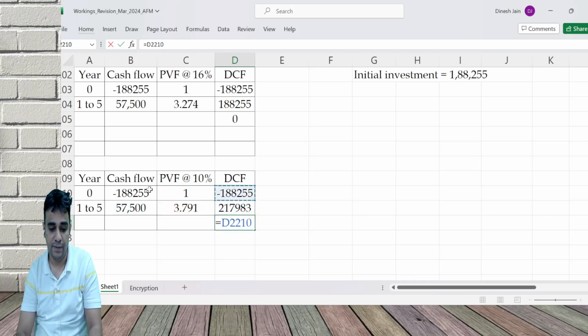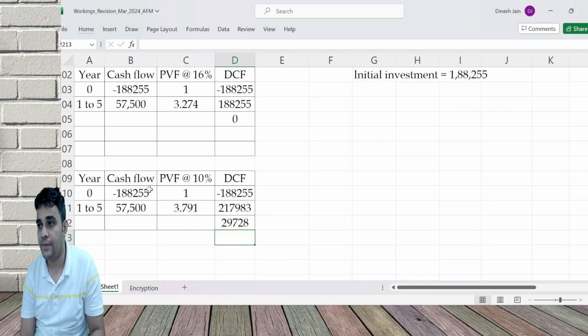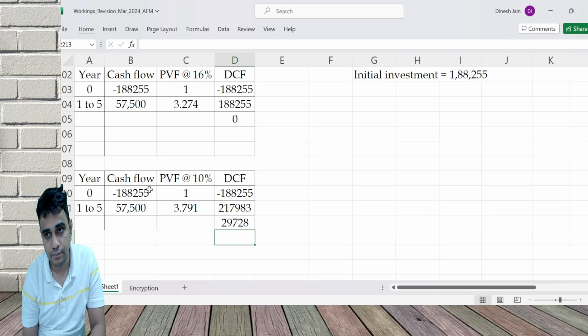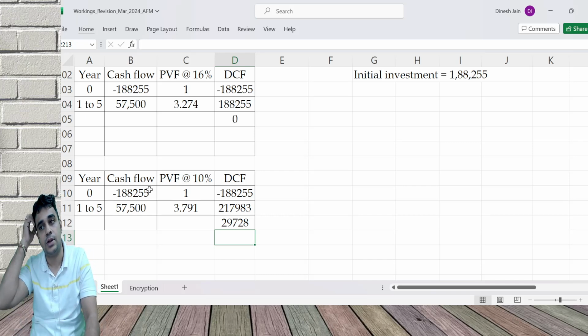So my NPV is 29,728. Any doubts till this?